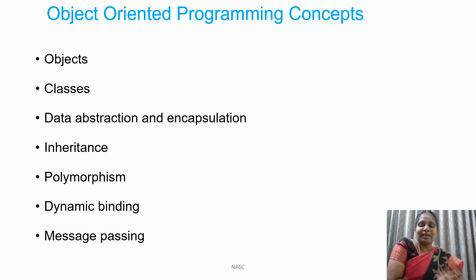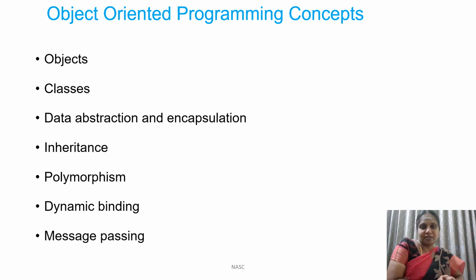Any programming language can be called an object-oriented programming language if the language supports all the following concepts. So here is the list of object-oriented concepts that make any programming language more effective. For example, C++, Java, .NET come under object-oriented programming concepts.